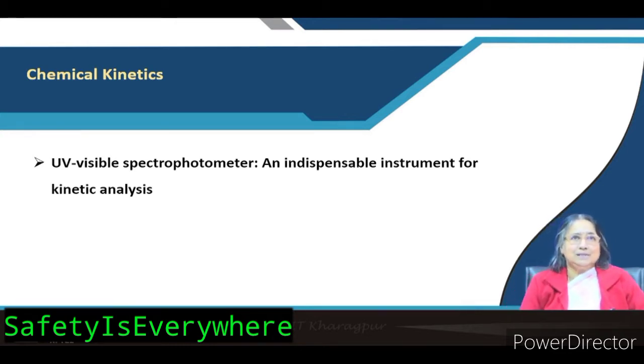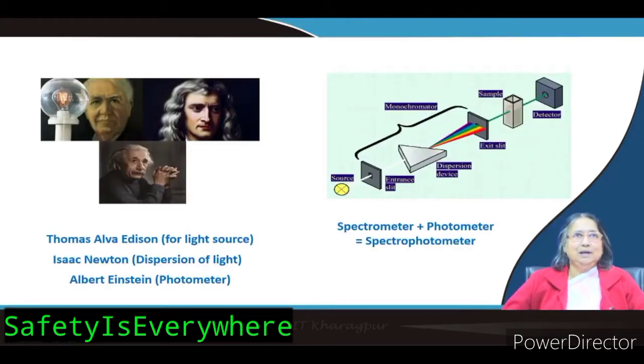So, here I will explain those things in a simple way so that you understand. Now, what is a spectrophotometer? First thing we have to know, here you can see three famous scientists. The first one is Thomas Alva Edison.